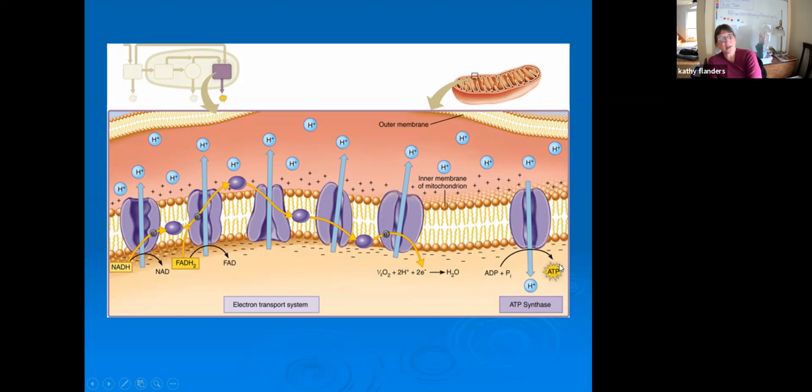By doing that, that gives us the energy we need to put a phosphate on an ADP to make ATP. So that's how we end up getting all of that ATP from the electron transport chain.